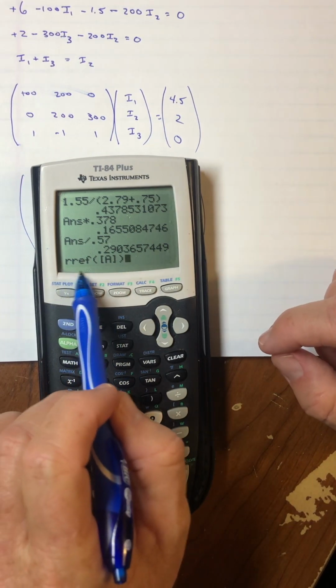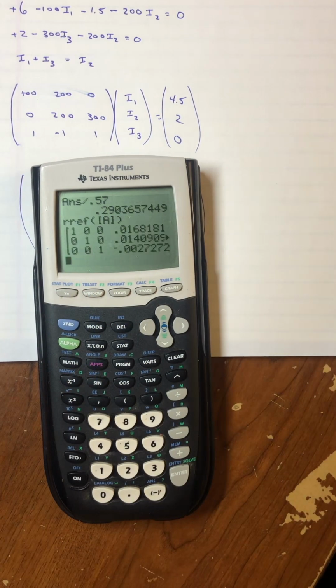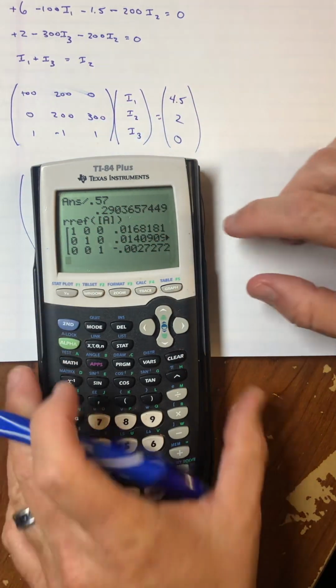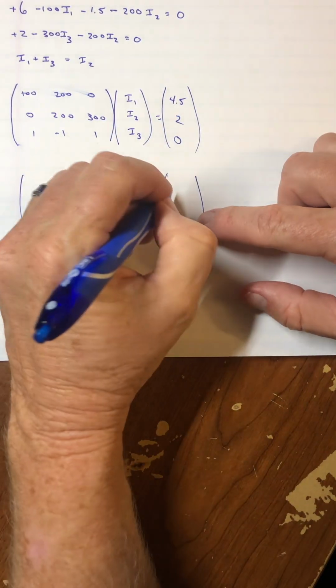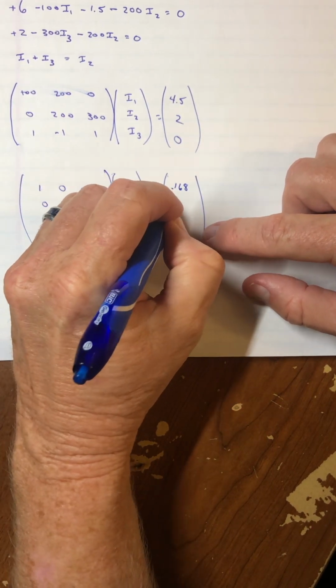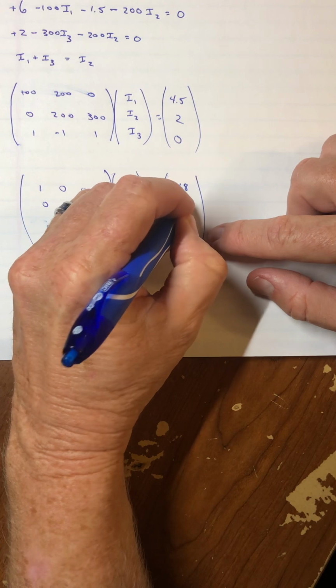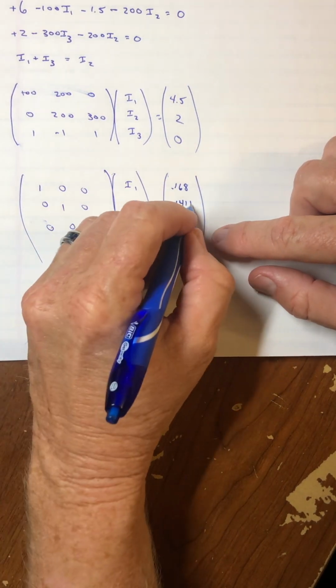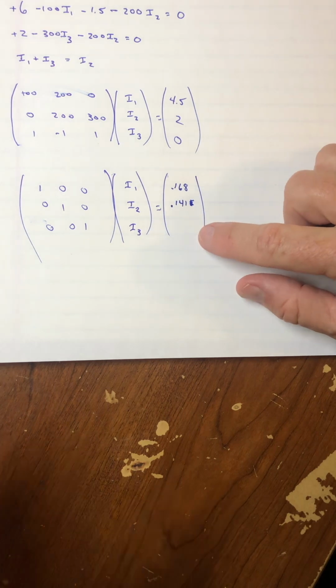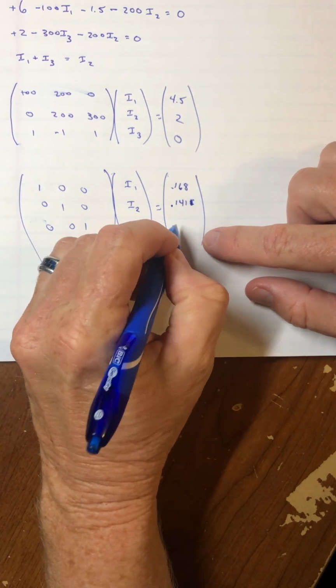All right, so I'm going to do an RREF on matrix A, and okay, there's the identity matrix, and so this becomes 0.168, 0.141, whoops, 141. And, interesting, this is a negative.